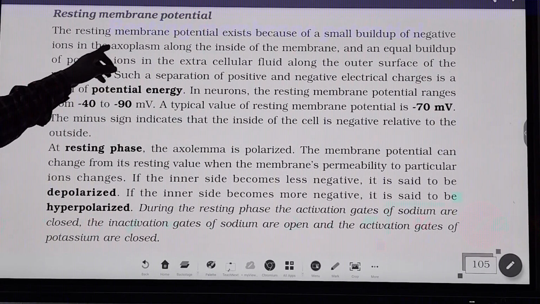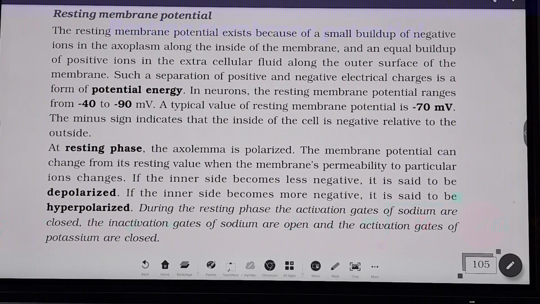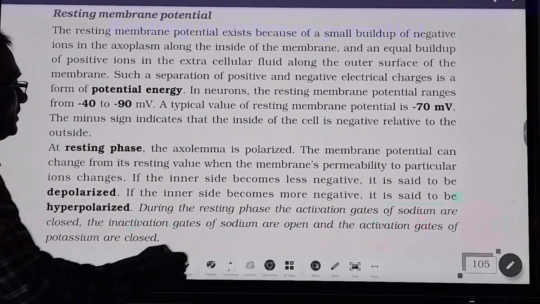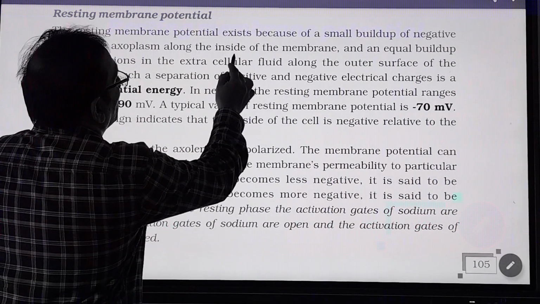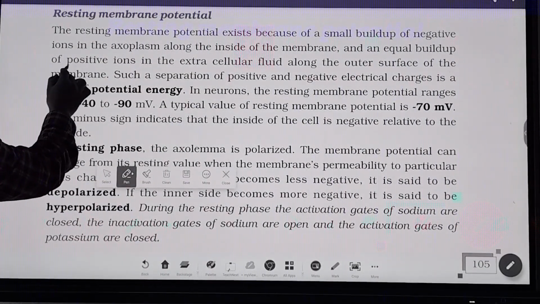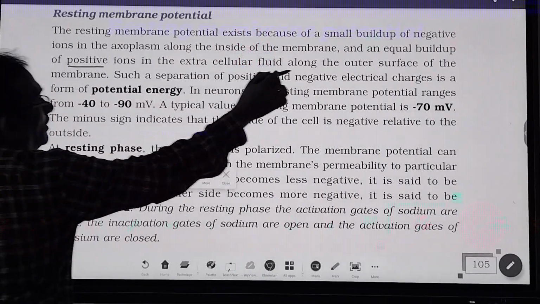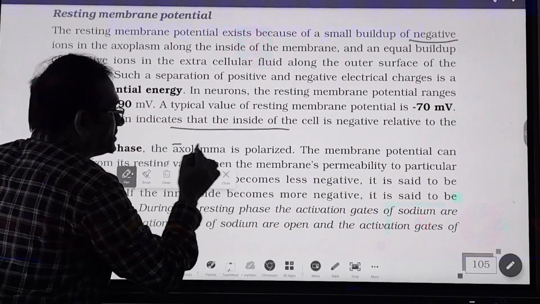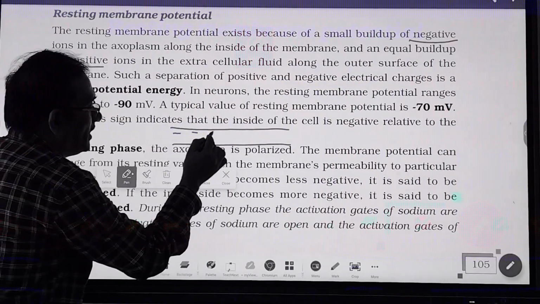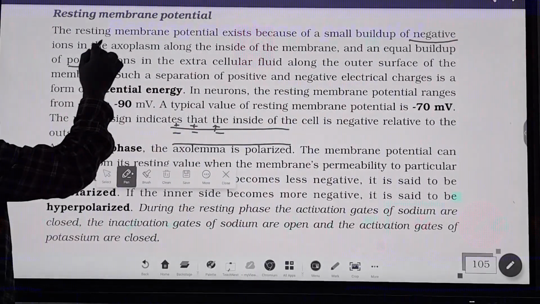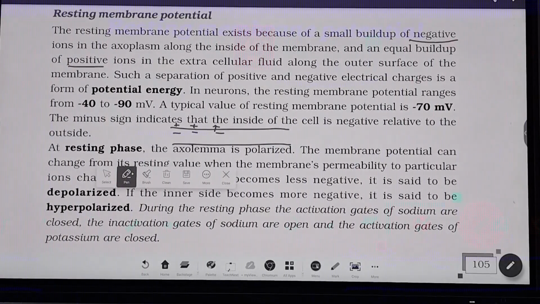Here the resting membrane potential exists because of a small buildup of negative ions in the axoplasm along the inside of the membrane and an equal buildup of positive ions outside. So this is the axon, inside negative, outside positive is built up. This is called resting membrane potential.